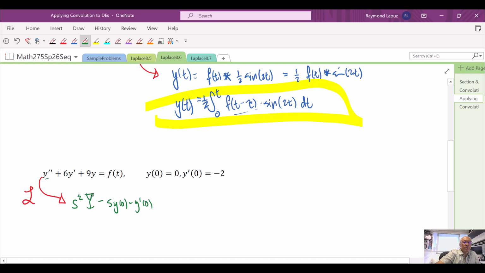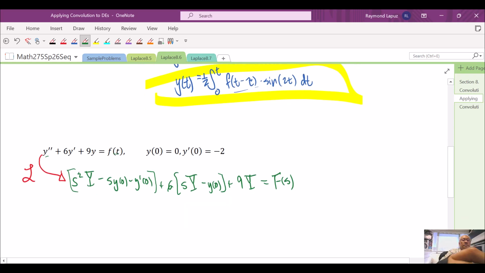That's for the second derivative. I have 6 times my first derivative, so that's s times Y minus y of 0, and then I have a 9 times Y, and then the transformation of little f is going to be capital F, which is an unknown function at this point.